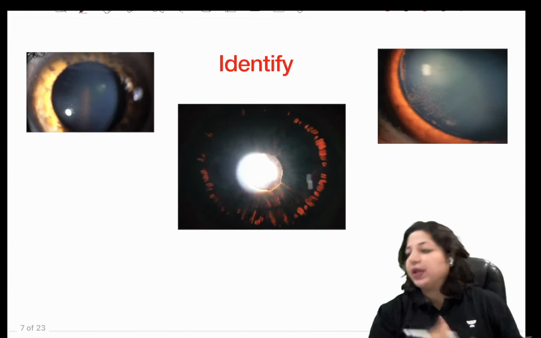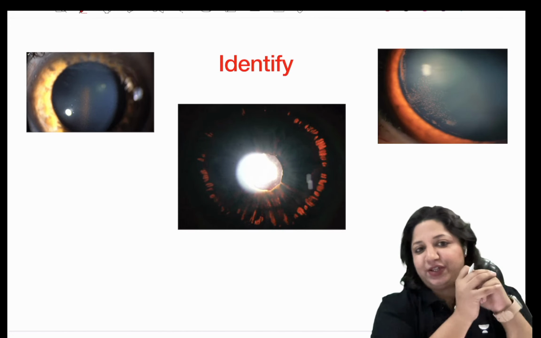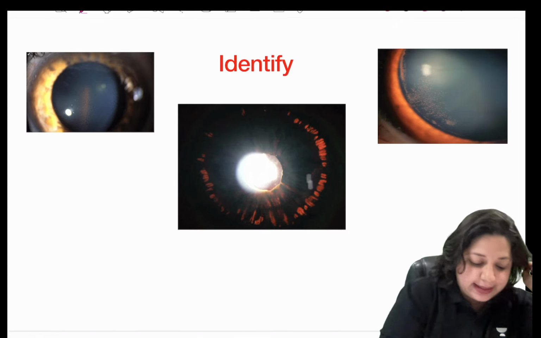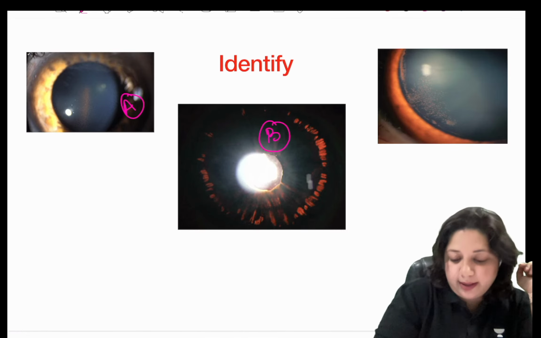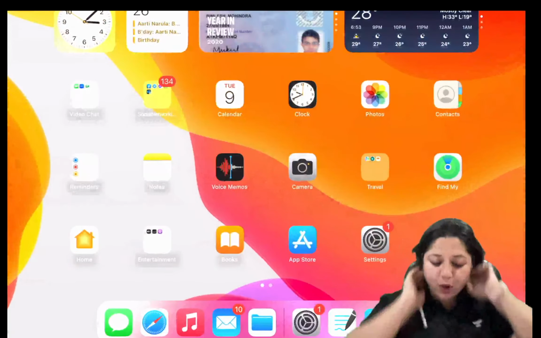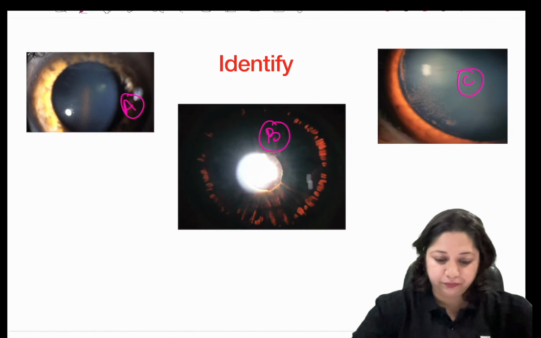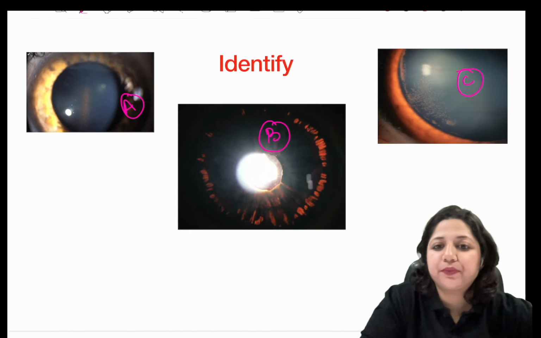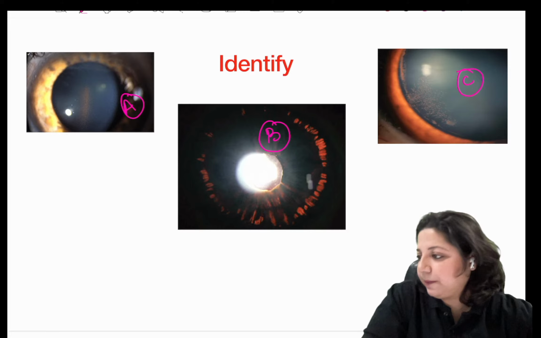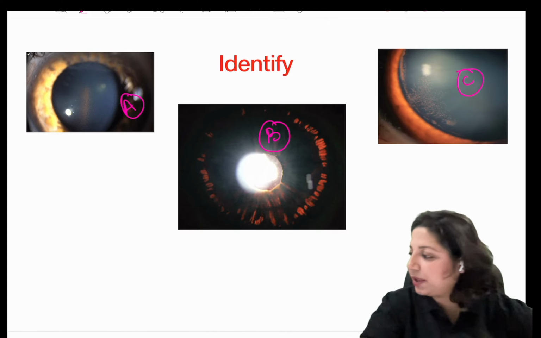All right? Okay. So now identify these structures. I will name them as A, B, and C. Tell me, what is A? Anybody wants to attempt?